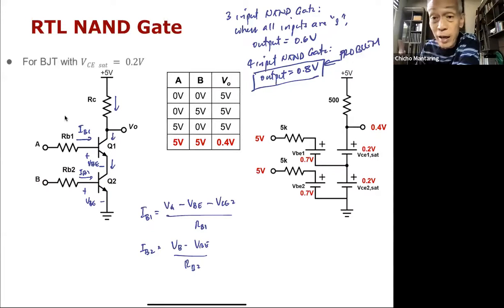And therefore, it's no longer recognized as a 0 volt. So that's why this is a problem. This is no longer a 0. So those are the nuances of these implementations.